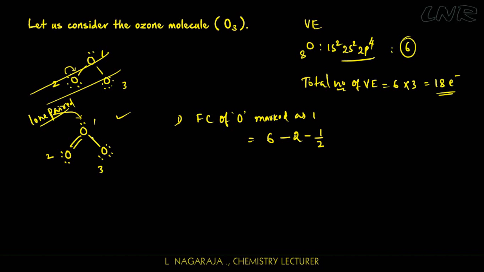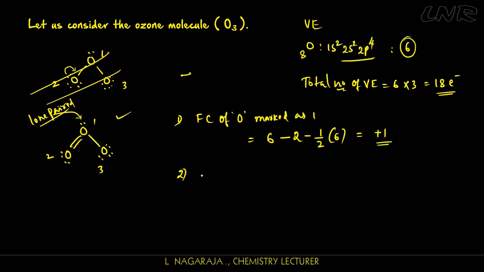The electrons present between the atoms are called the shared pair. One bond indicates 2 electrons, so 2, 4, 6, that is 6 electrons. The result is plus 1.